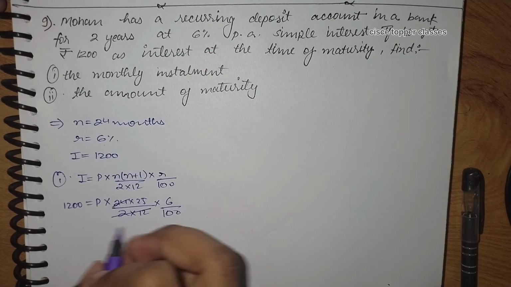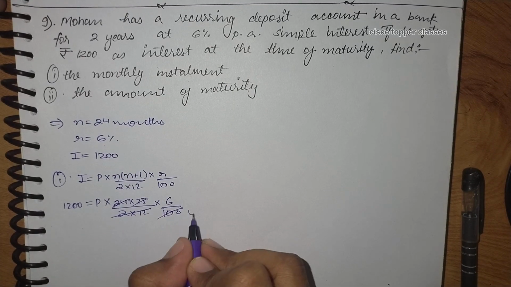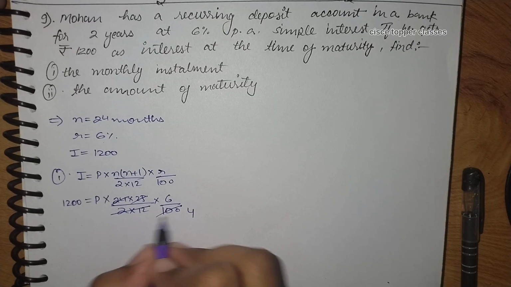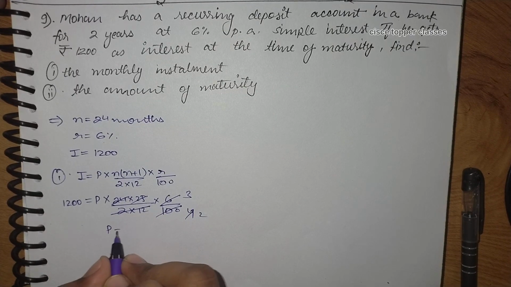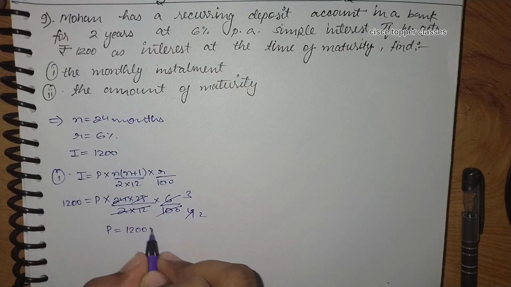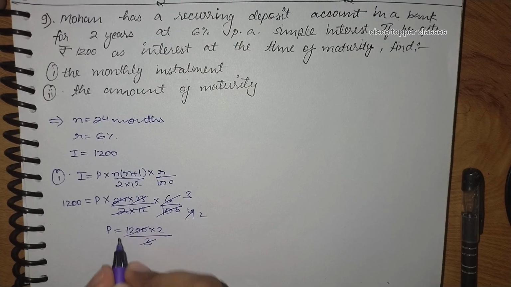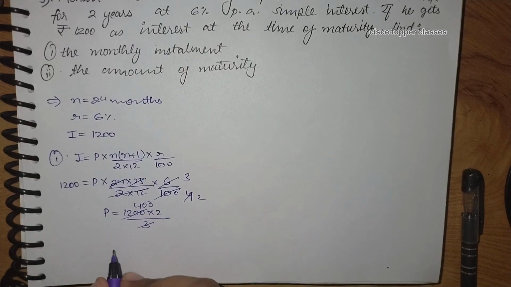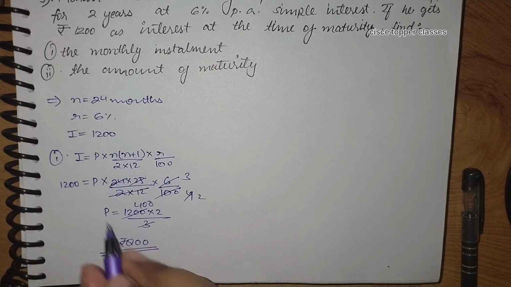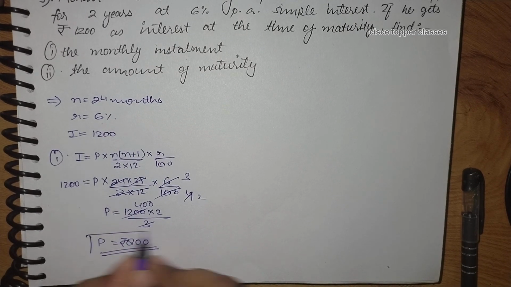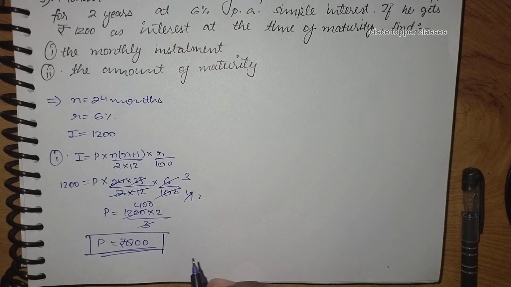This will cancel out here, and this will also cancel out by 4. This also cancels out by 3 by 2, meaning principal value we can write from there 1200 into 2 divided by 3. This will be 400 from that value, and we will get rupees 800 as the monthly installment in this question, meaning the principal value which Mohan is depositing every month.